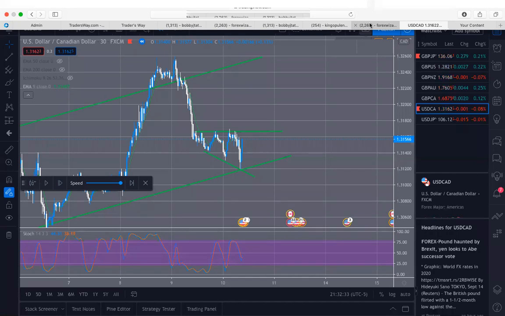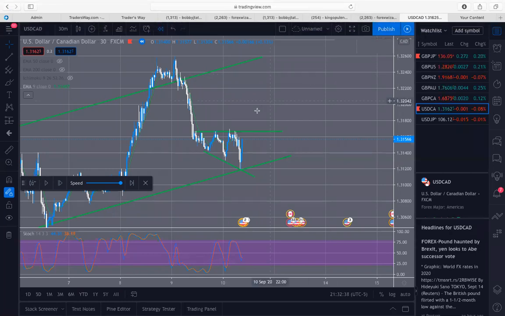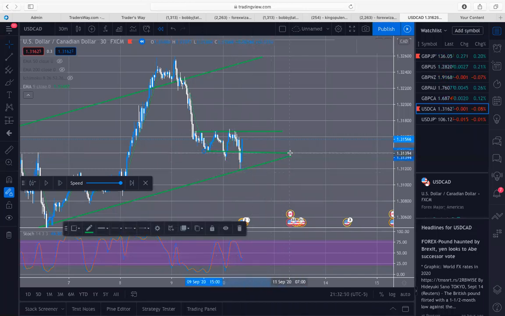These triangle patterns are very popular in the market. When the market starts to correct, it usually creates some type of triangle or channel. This one will more so be a channel, and this one will more so be a triangle.